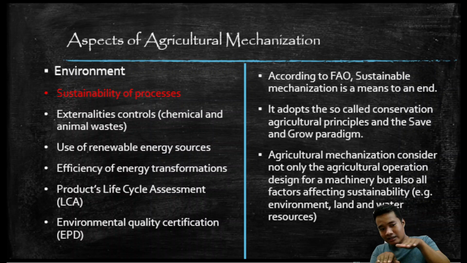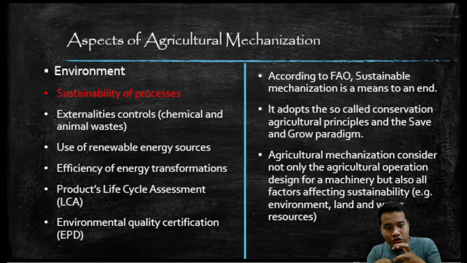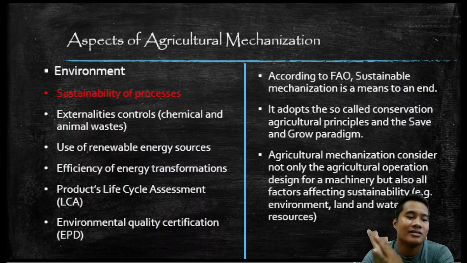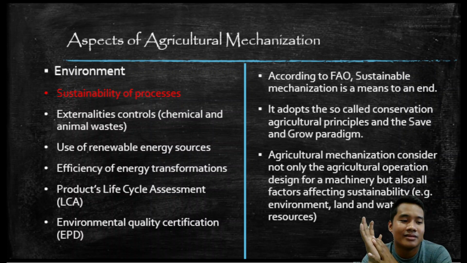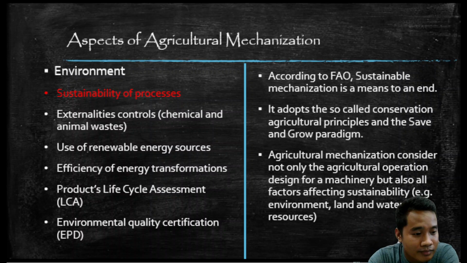Dadalo yan dito sa mas mababa. So there will be a so-called salt water intrusion in the groundwater under the ground. And what will happen? Groundwater will gradually become unavailable for human consumption. So there is no sustainability of the processes. So it must be considered in designing an agricultural mechanization.